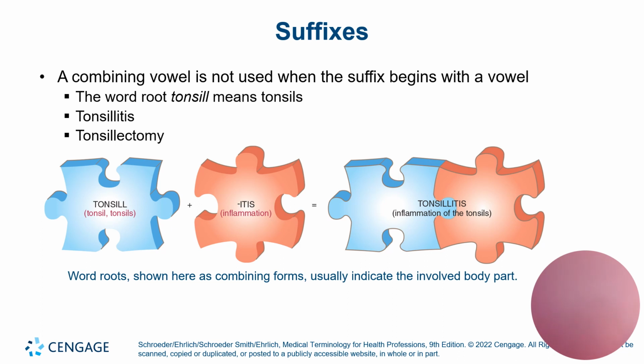In medical terminology, many suffixes meaning pertaining to are used to change the meaning of a word root into an adjective. For example, the word root cardi, we know that means heart. If we add the suffix AC, that means pertaining to.